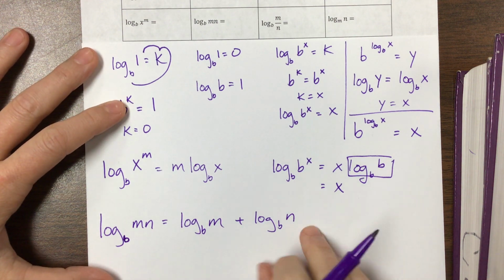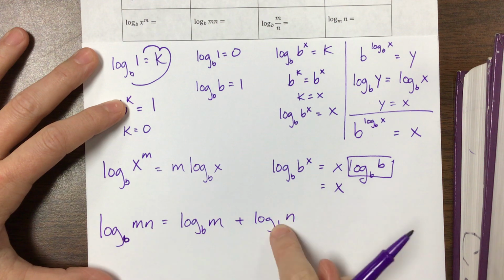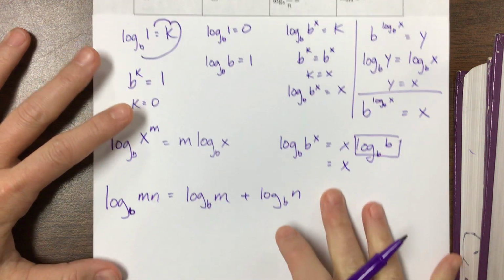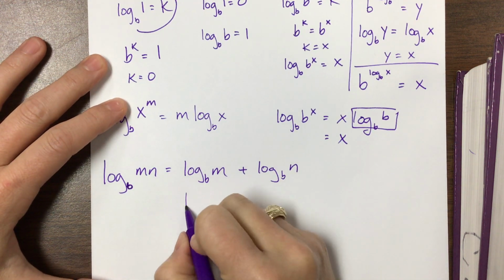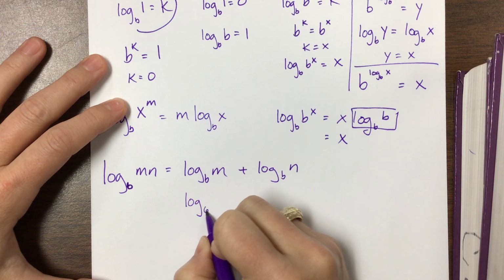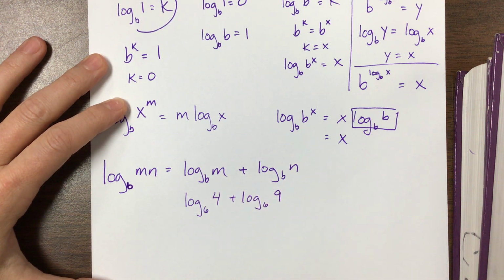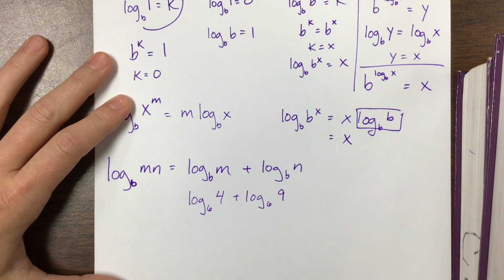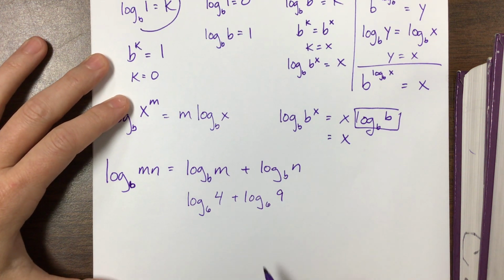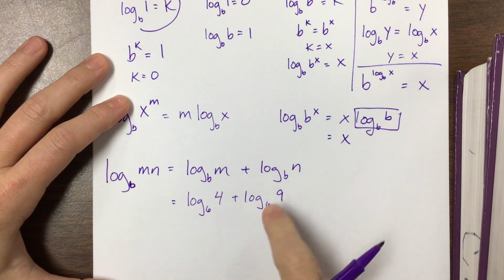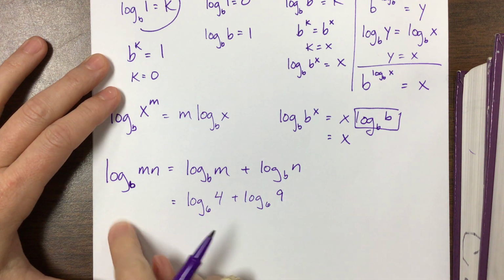Sometimes this is helpful. We can go this way, we can also go that way. And so I've seen problems like log base 6 of 4 plus log base 6 of 9, and you were told to evaluate that without a calculator. Well, good luck. Until you realize that we can work backwards and use this property.